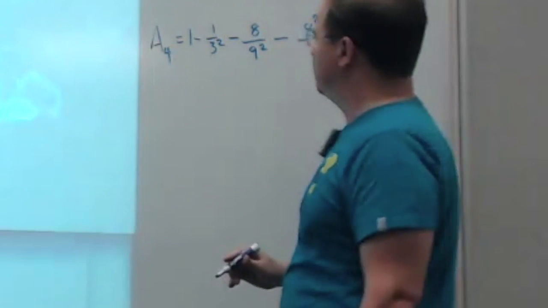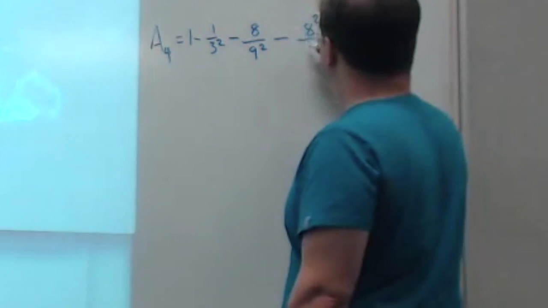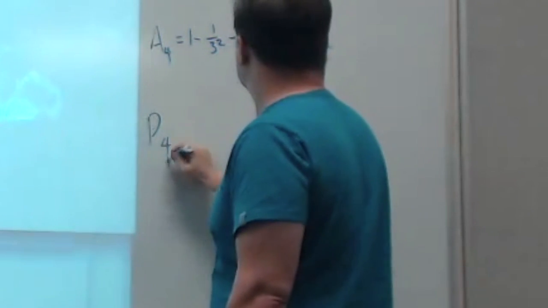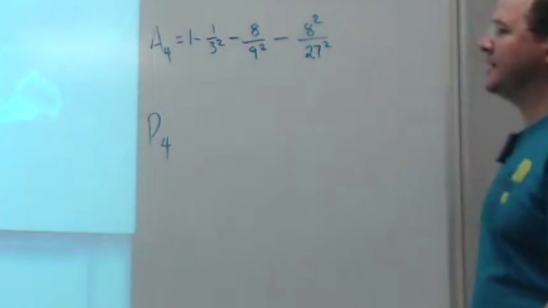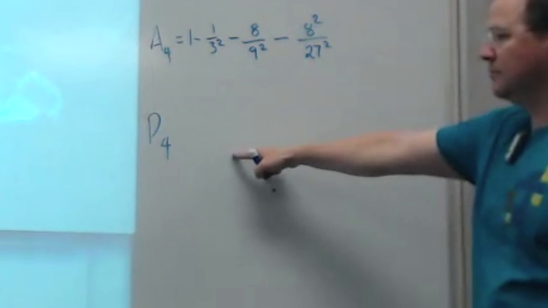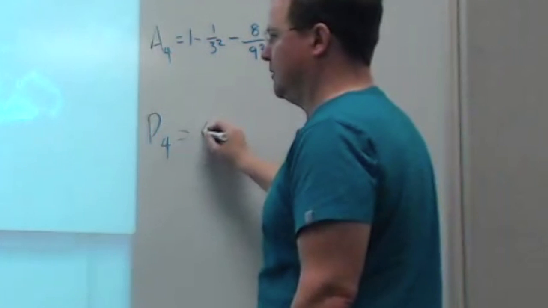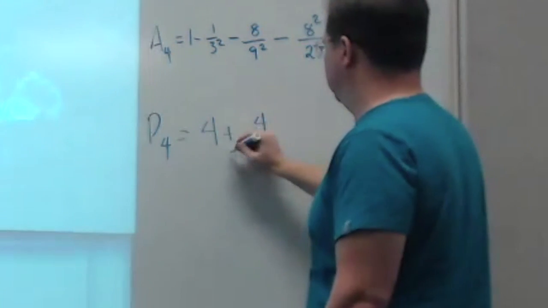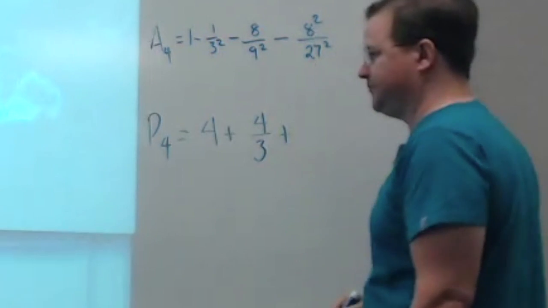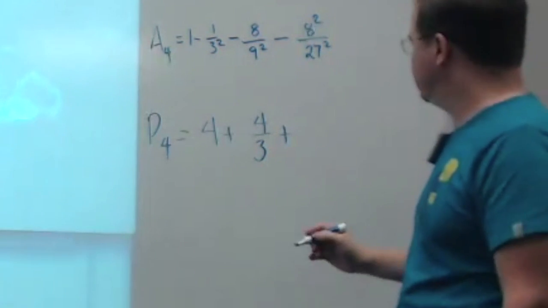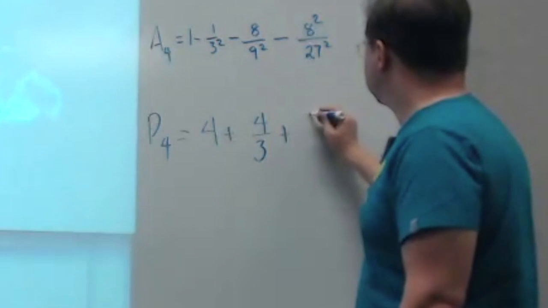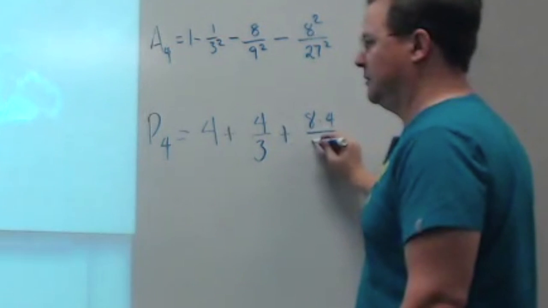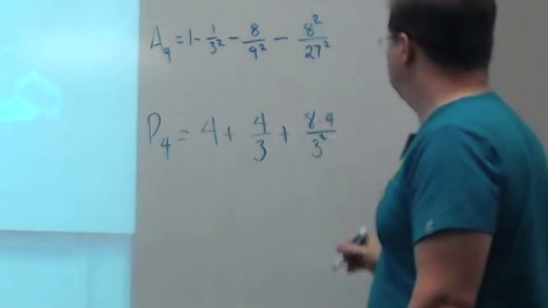Over, what did we say? 27 squared. Oh, but it's supposed to be 8 squared times 4 in the bottom one. Oh yeah. So the middle one should still be the second term, the third term. So 8. Okay, 1, 2, 3. Okay.